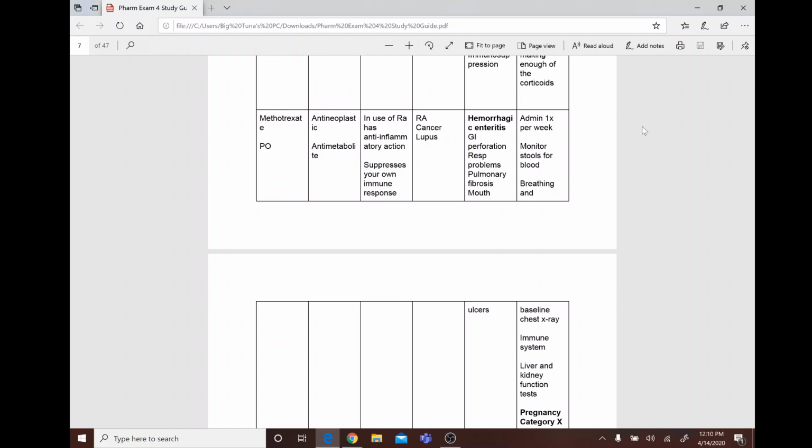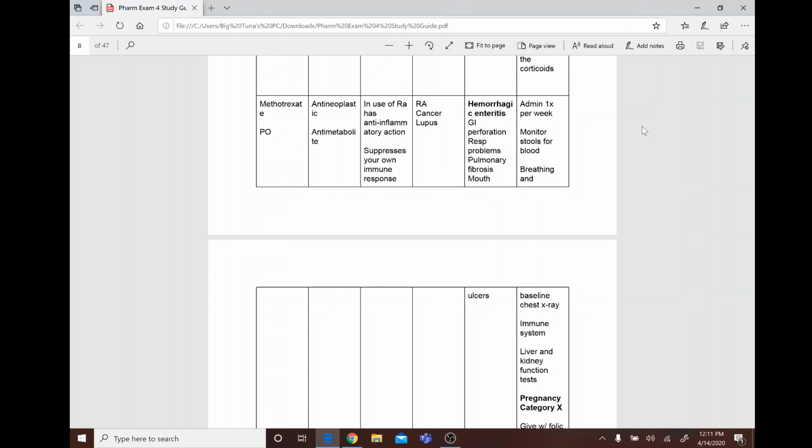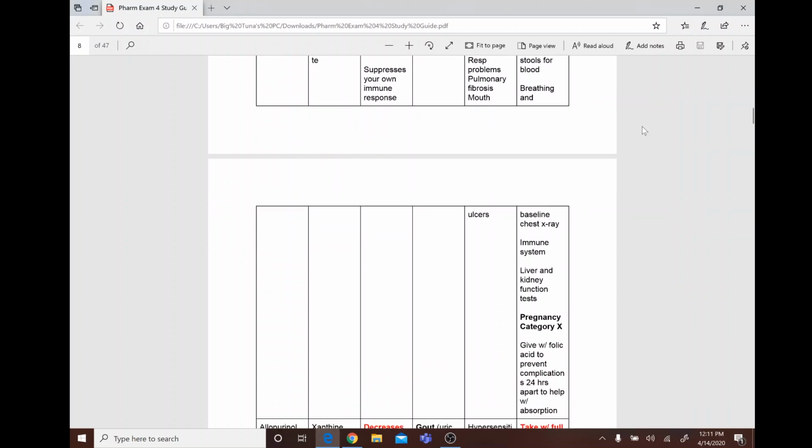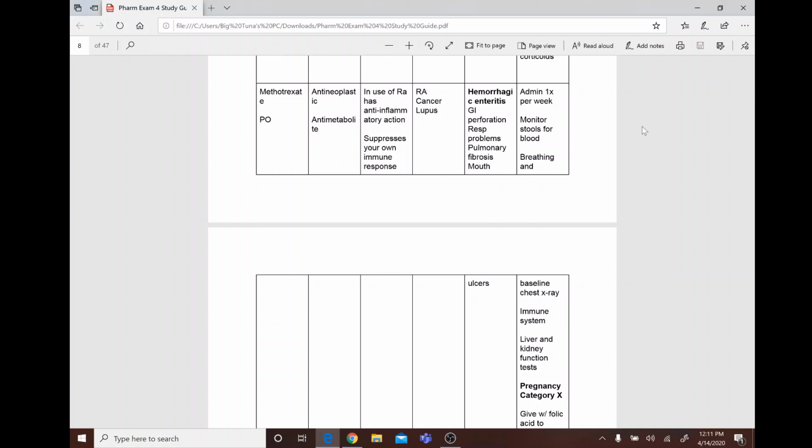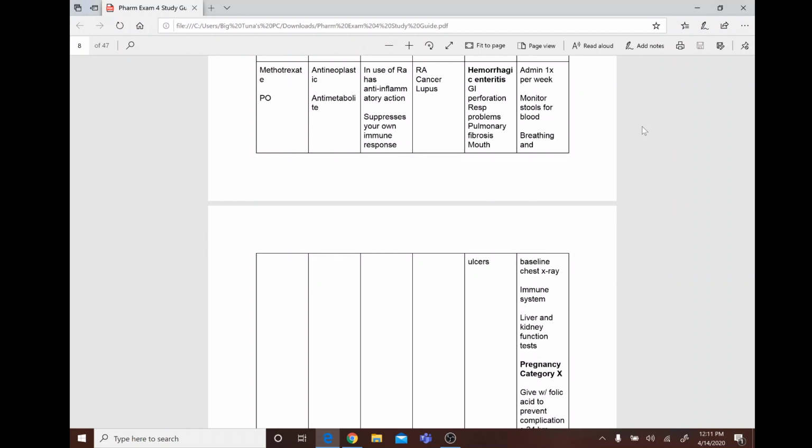What are the side and adverse effects of methotrexate? Enteritis, GI perforation, respiratory problems, pulmonary fibrosis, and mouth ulcers. What do we need to know about when taking methotrexate? Administer it 1 time per week, monitor stools and blood, breathing and baseline chest x-ray, immune system, and liver and kidney function tests.